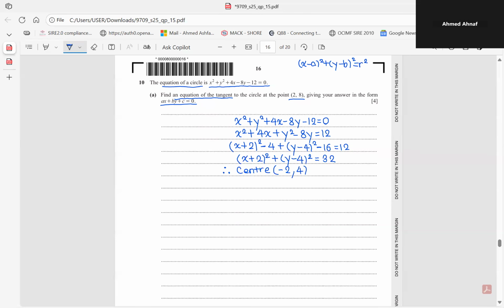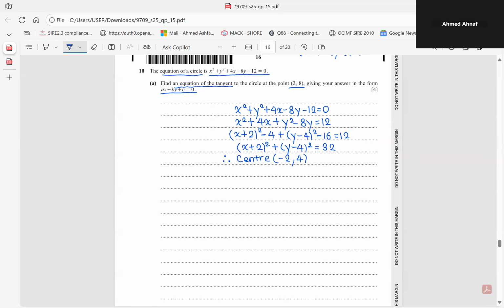Now we can go ahead and find the equation. So let's draw a little sketch. This is the center of the circle, and this is the point we want to find the equation of the tangent to. So this is the tangent, and this is the line connecting the point to the center of the circle.